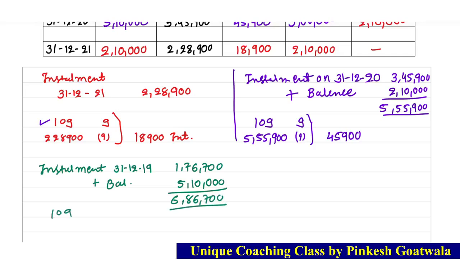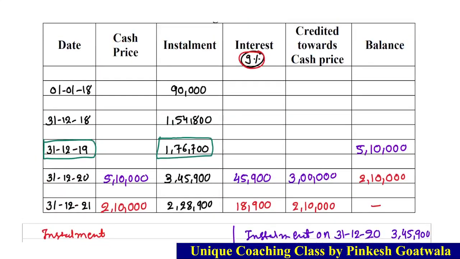Now 109 on 6,86,700, so here you will get 56,700. It is the amount of interest.